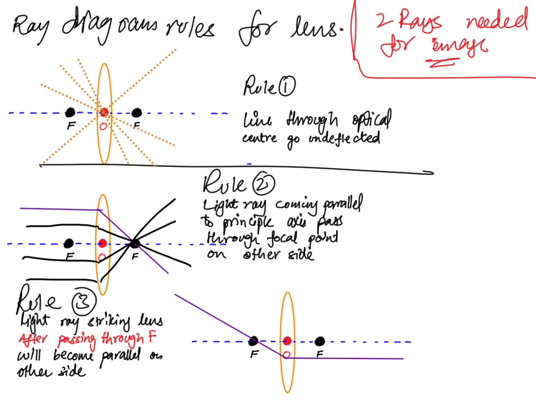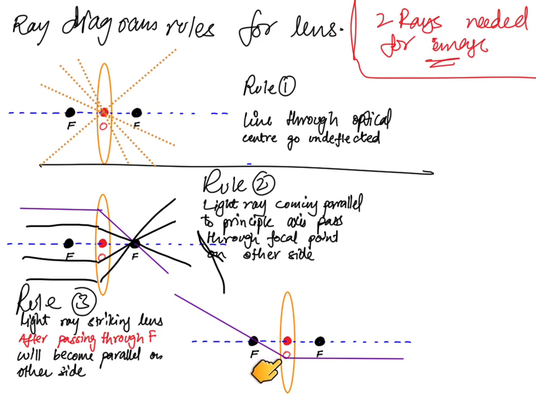Right? And the third rule, which I do not consider the third rule, actually, is just the reverse of the second rule. That is, if a light ray is coming and striking the lens after passing through the focal point, this light ray, as it emerges from the lens, will become parallel to the principal axis.